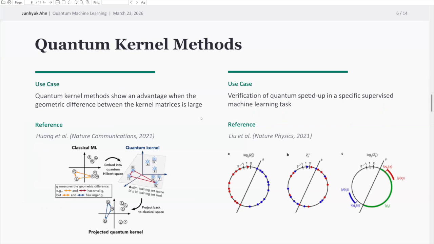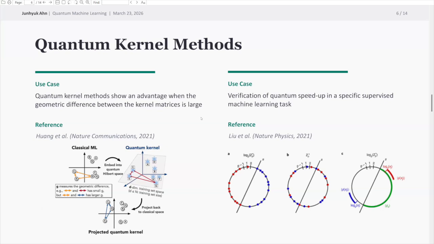A researcher group, including Huang, published a paper in Nature Communications in 2021, investigating the kernel differences between using a quantum kernel and a classical kernel. When the geometric difference is large, using a quantum kernel method is more efficient.